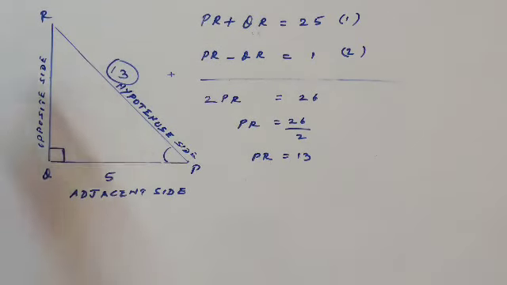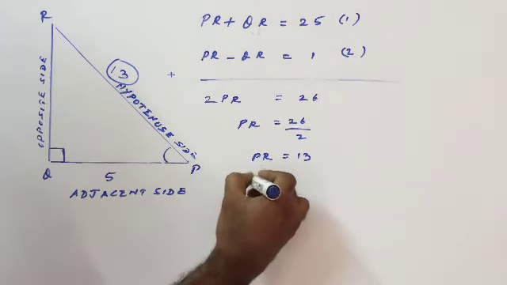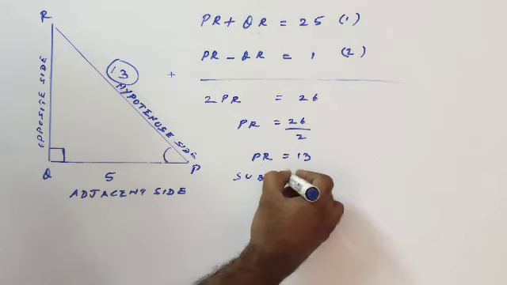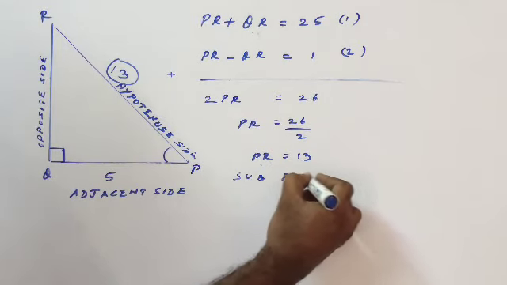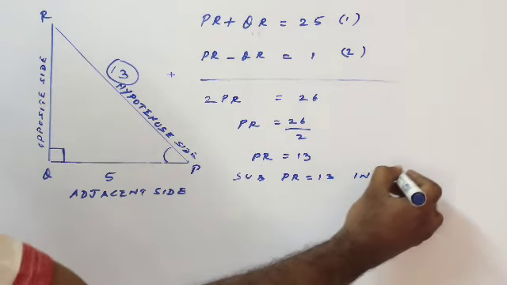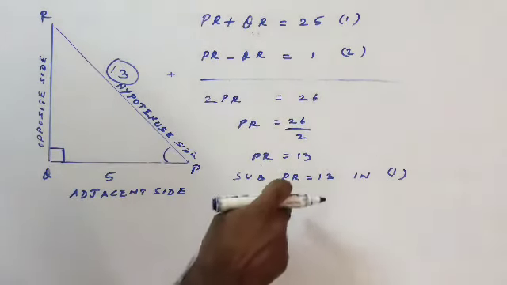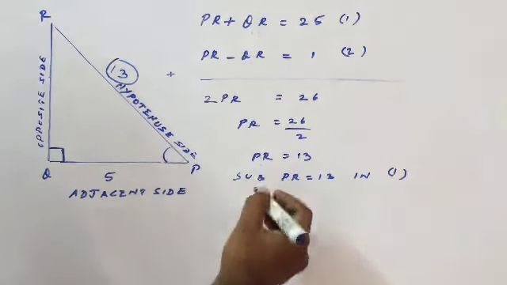So we need the value of QR. Substitute PR equal to 13 in equation 1. You can put any one of the equation 1 or 2, you will get the answer. Now I am putting PR equal to 13 in equation 1.